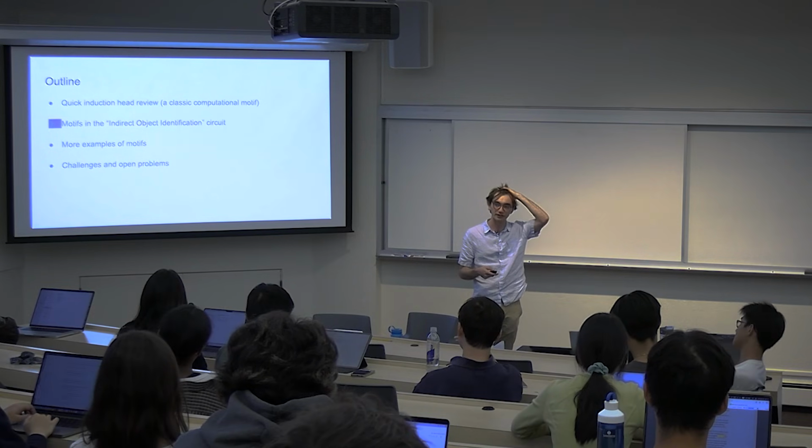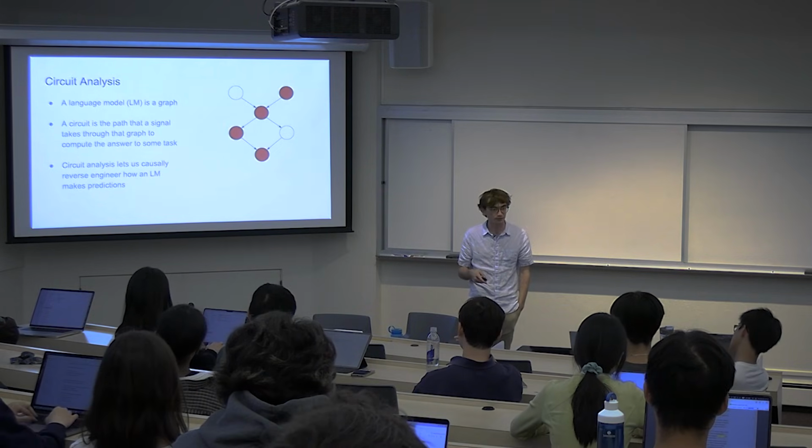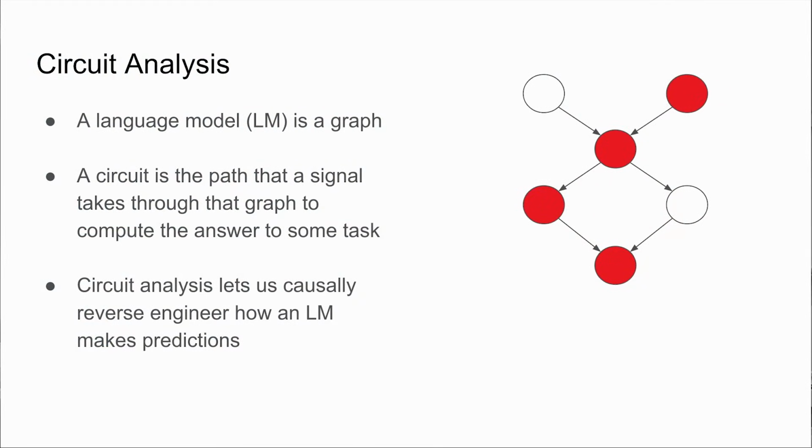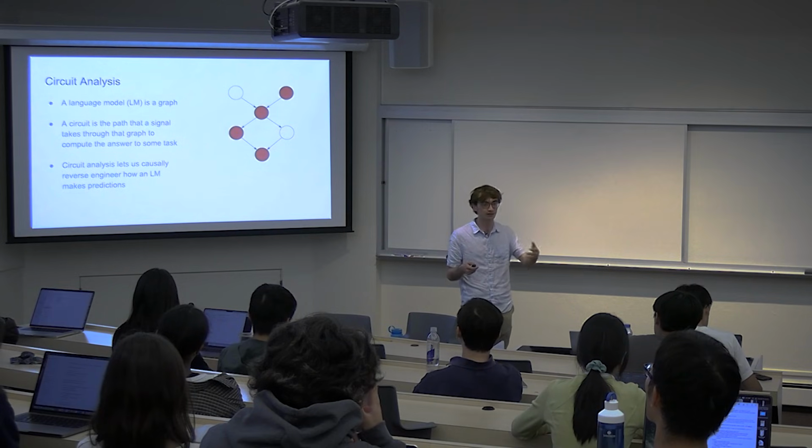indirect object circuit. Cool. Before I really get into that, I just want to quickly and informally go over circuit analysis, which there are a few ways of doing, but broadly, if you view a language model as a graph, with components as nodes and information flowing from nodes to other nodes through edges, a circuit is the path through this graph that passes the important information needed to make a prediction.